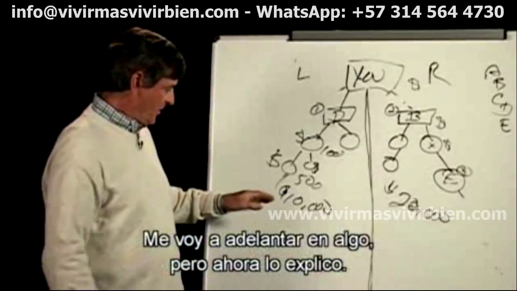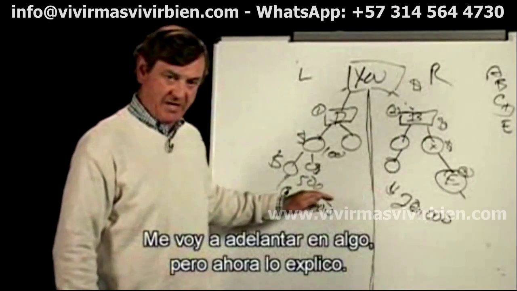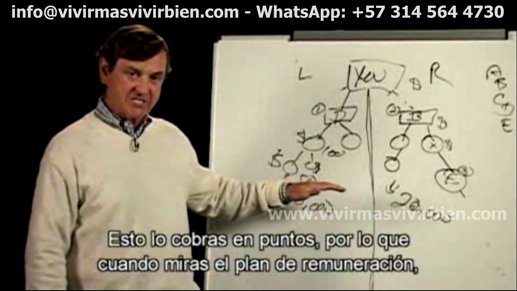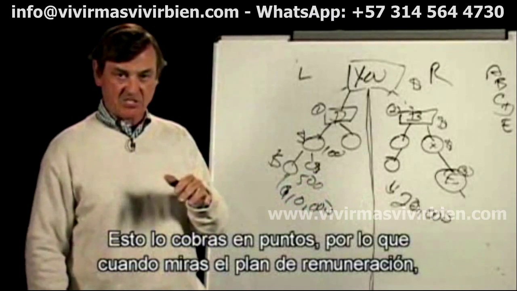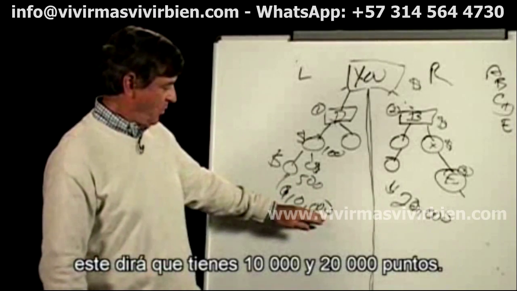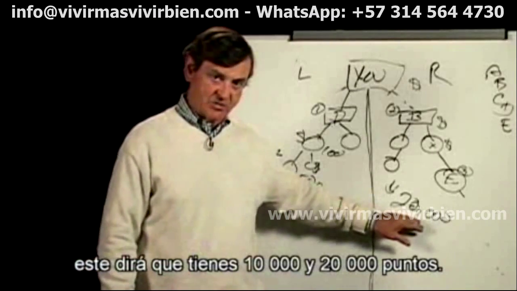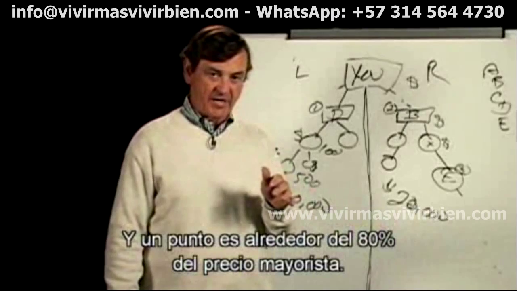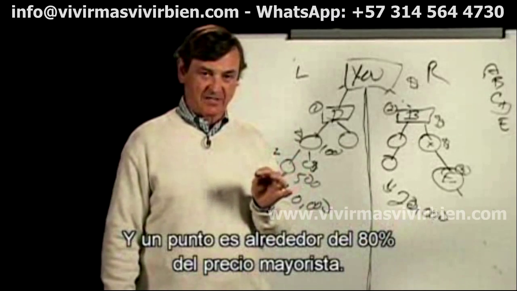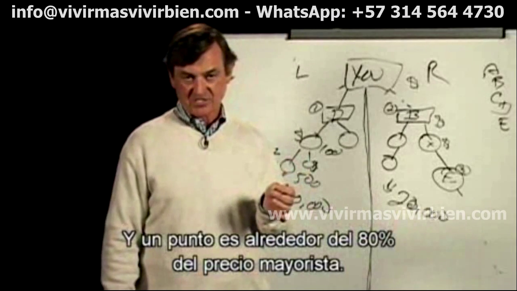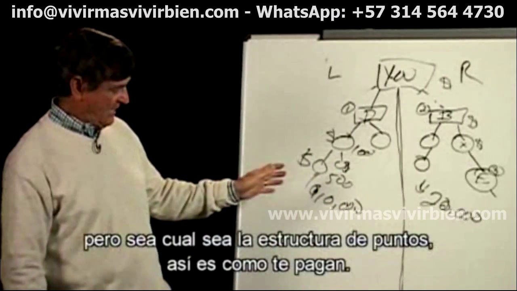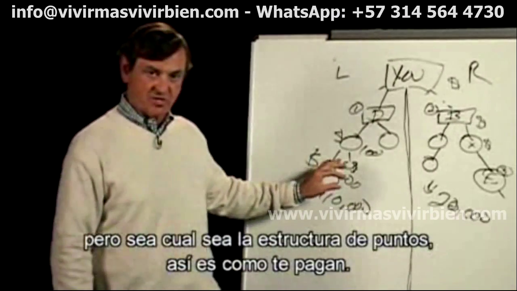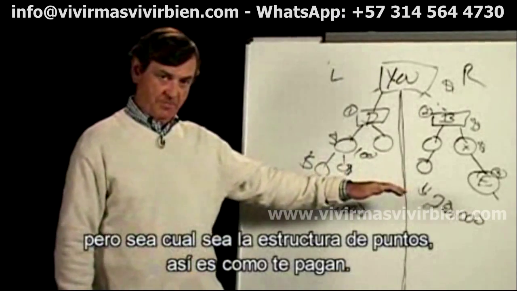Now, I'm going to jump a step ahead, but let me define it. You're actually paid on points. So when you look at the comp plan and the explanation, it's going to say when you have 10,000 points and 20,000 points. And a point is about 80% of the wholesale price. So I'm going to use dollars just to keep this simple, but it's basically whatever the point structure is, that's what you get paid on.